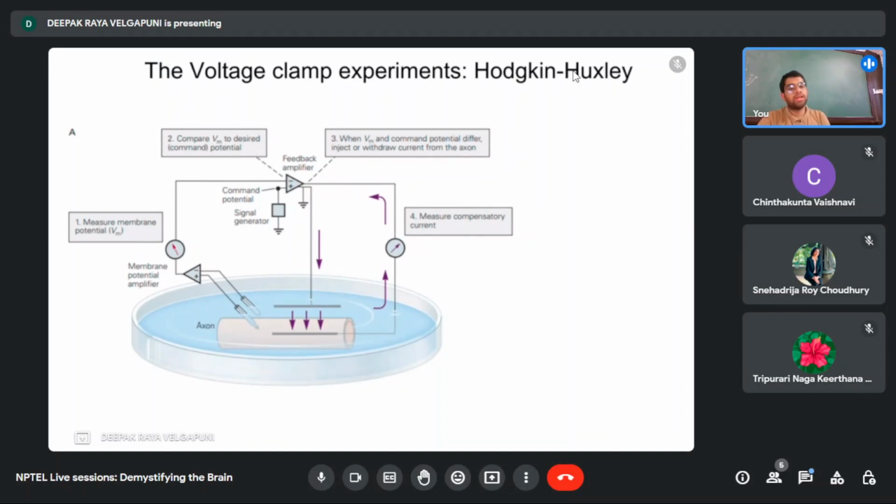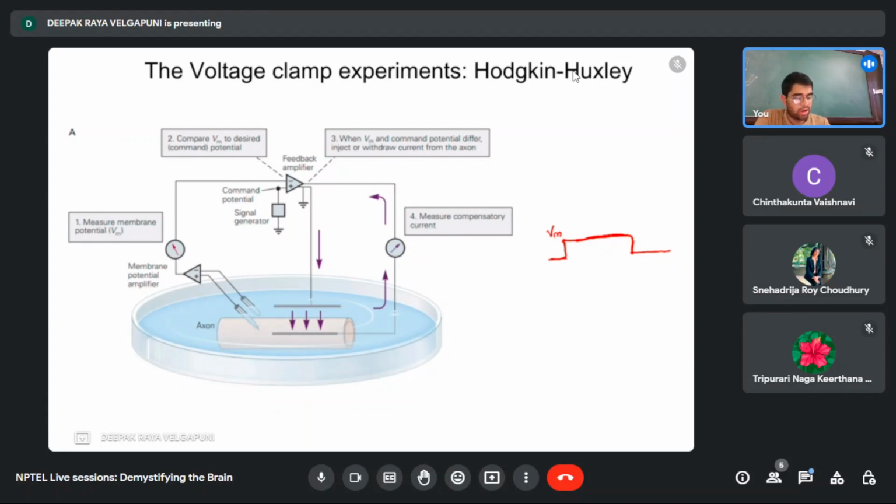The advantage of this experiment is that once you have a constant potential, once you maintain Vm at this particular potential, you can see what the ionic movements are across the membrane.